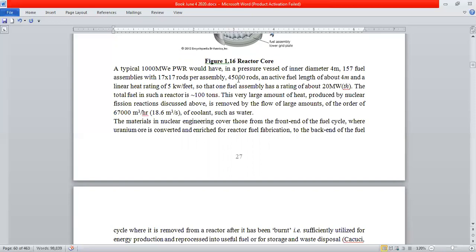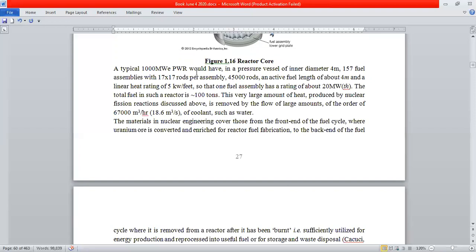The total number of rods would be 45,000, and the active fuel length would be about 4 meters. So each fuel assembly would have a rating of about 20 megawatt thermal. Multiply 20 by about 150, that's about 3000 megawatt thermal, and you would produce 1000 megawatt electric.